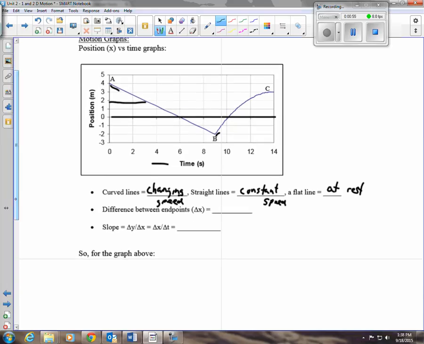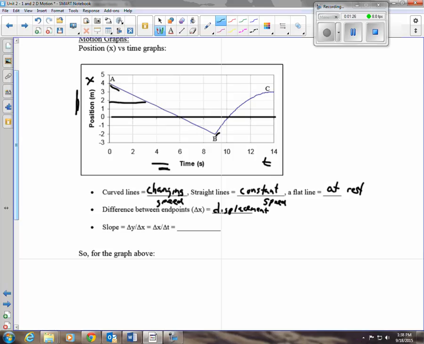Okay, the difference between the endpoints is the displacement, because displacement is change in position. And we'll do the math of that down here. And then the slope, this is x position, and this is time t. When we find the slope, we do change in y divided by change in x, and that would be delta x over delta t.